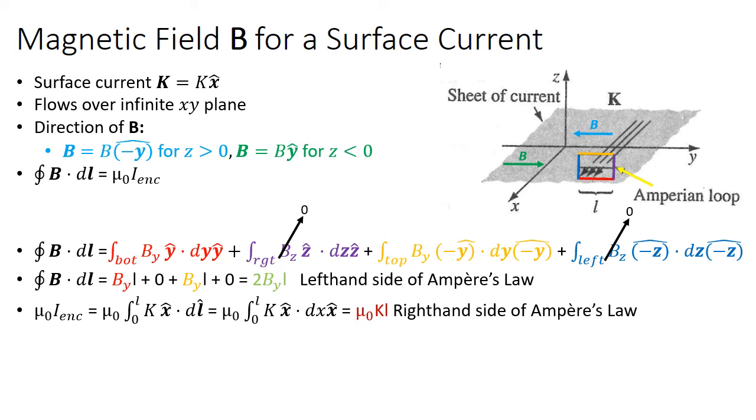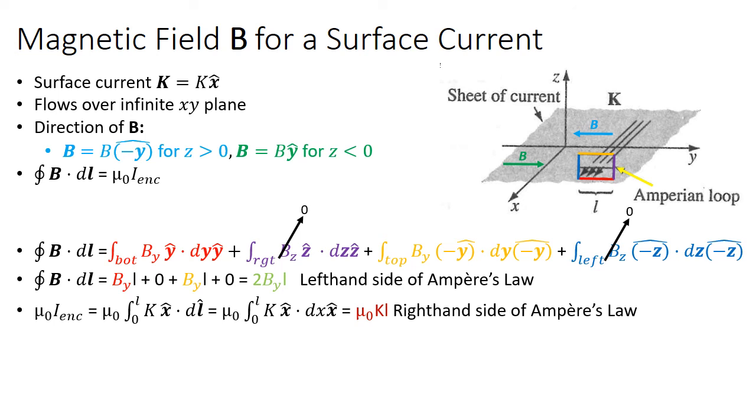We have to deal with the right-hand side now, which is mu 0 times I enclosed. So we have mu 0, and then to get the enclosed current, what we have to do is consider taking the surface current and saying how much crosses dl.